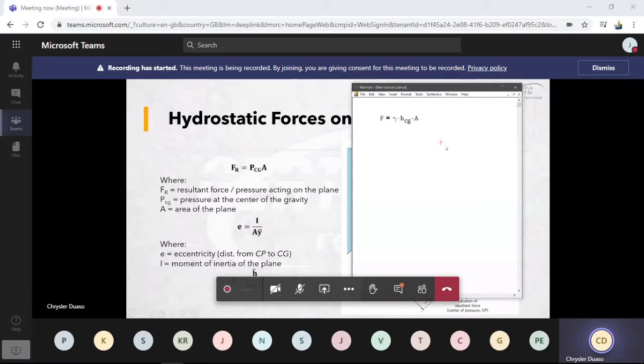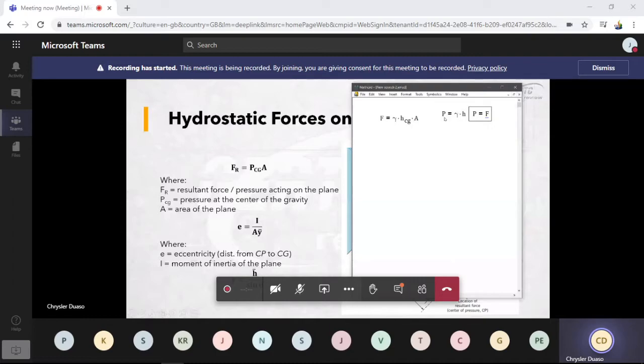Instead, since we know there are two formulas for pressure, which are pressure is equivalent to gamma times dH, and pressure is equivalent to force over area.